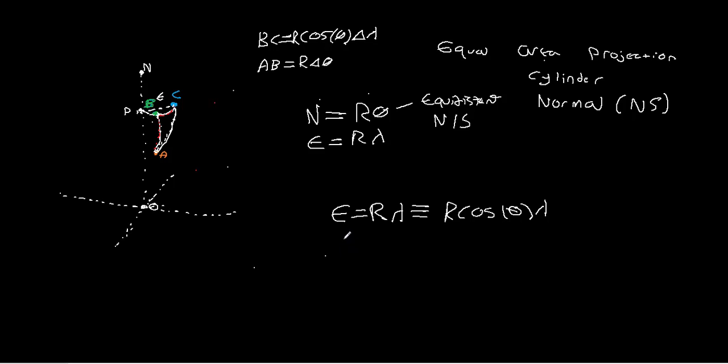I really just want you to see where we're going from here to having a corrected northing that would be equal area. So we can say the northing should really be equal to the integral. This sign right here is the integration sign. Again, if you're not familiar with integral calculus, that's really okay. I'm just trying to walk through all of the steps so that you can see where things are coming from and where they're going.